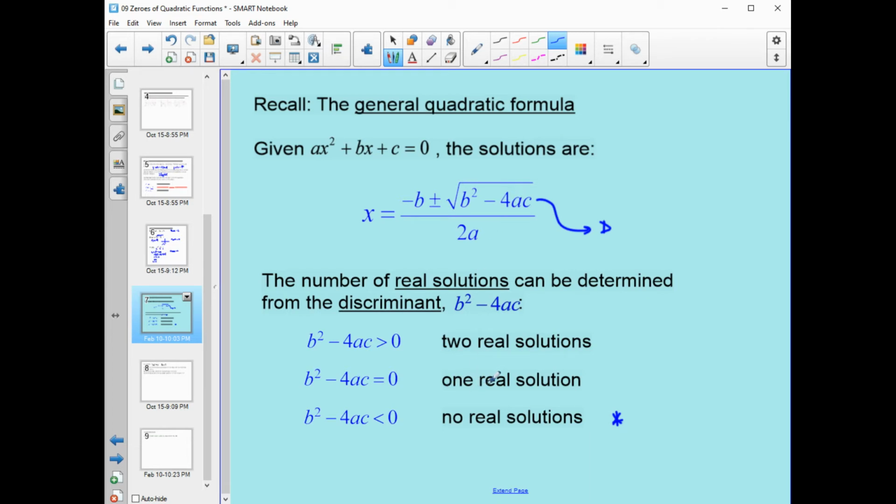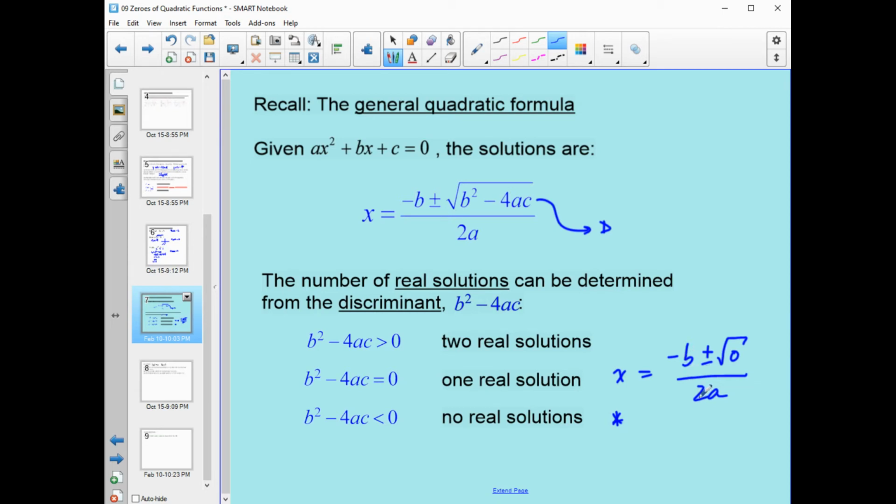If we have the discriminant equal to 0, so if this whole thing turns out to be 0, then we end up with an expression which is x equals negative b plus or minus the square root of 0 divided by 2a. But of course, the square root of 0 is just 0, so that just ends up being negative b over 2a.